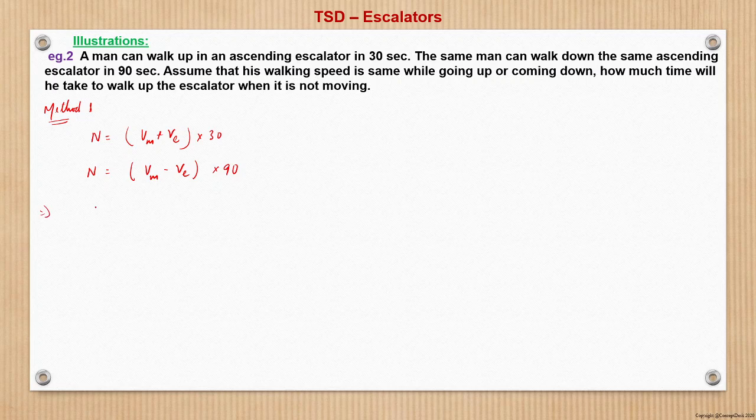So we will equate the two equations. So hereby when we equate, this becomes Vm plus Ve is equal to 3 times, that is 30 into 3 is 90, so 3 Vm minus 3 Ve. So from here we can say that Vm is equal to 2 Ve, right? So this we will substitute there.